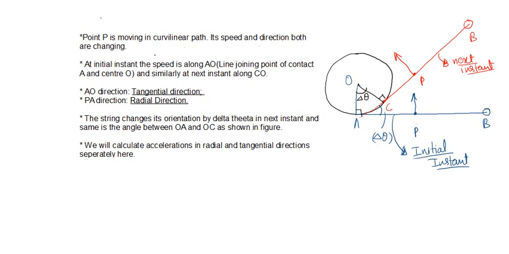Now we have to calculate the acceleration in the radial direction, which is PA, and in the tangential direction, which is AO. So we'll calculate both the accelerations separately here.